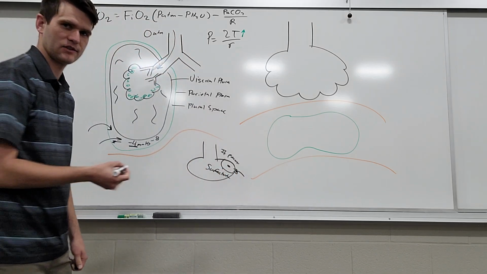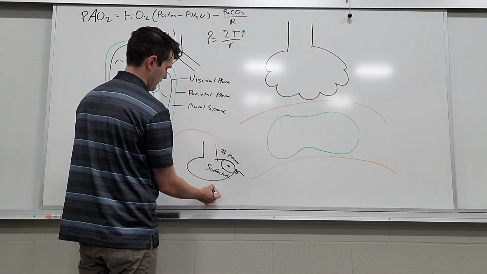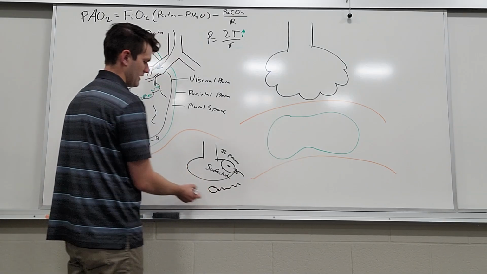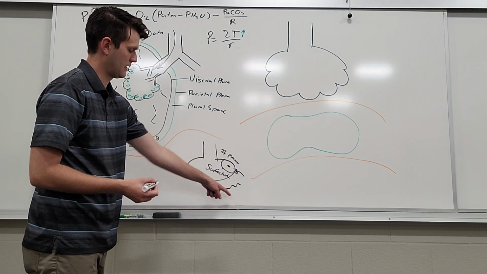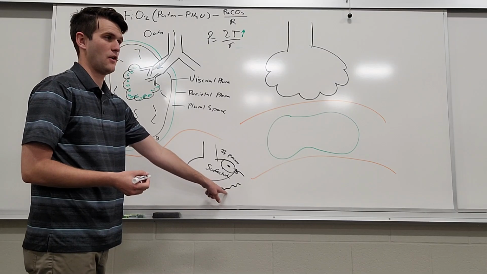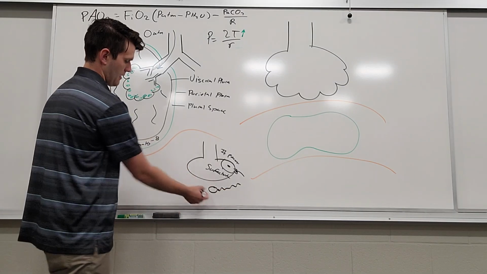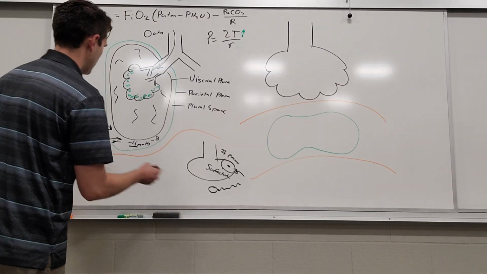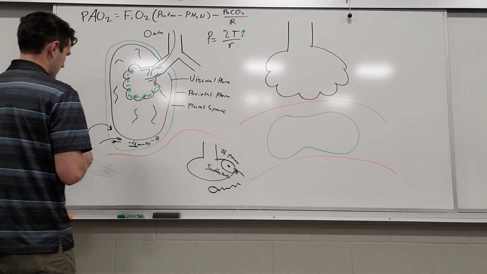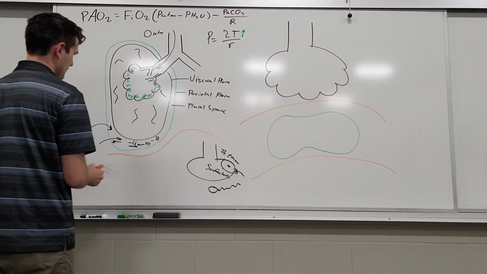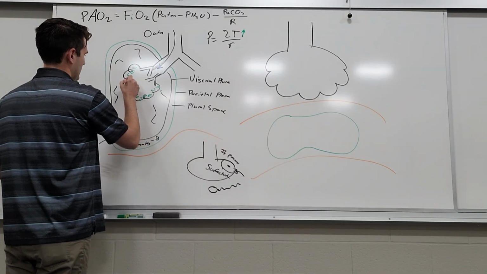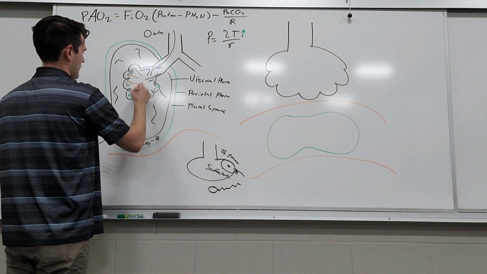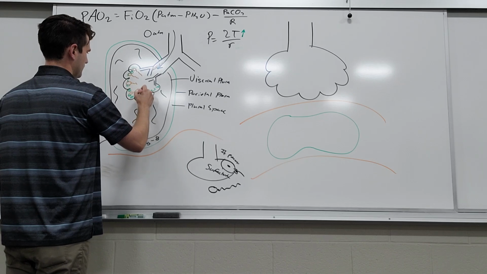And surfactant looks kind of like a phospholipid. It's got a hydrophilic head and a hydrophobic tail, so a polar head, non-polar tail. And so all these surfactants will bind and it'll mess up the tension of our water, so the tension will go down.